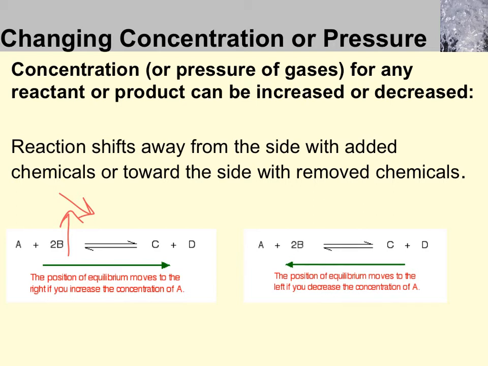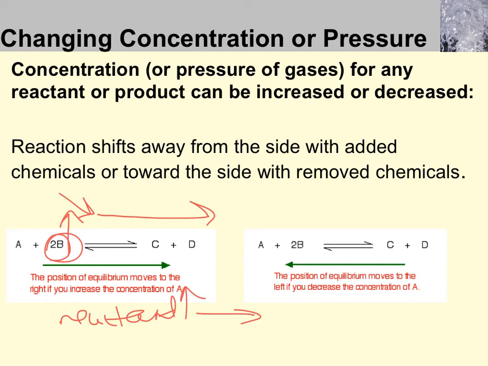It's going to try to get rid of the extra B that you just added. How does it get rid of B? It shifts to the right to make more product, and that'll consume B. So the bottom line, if you want a summary statement, anytime you add reactant, the reaction will shift right to get rid of that extra reactant.